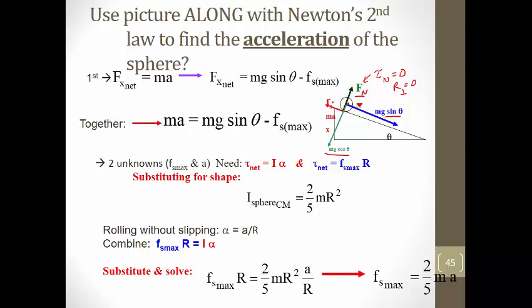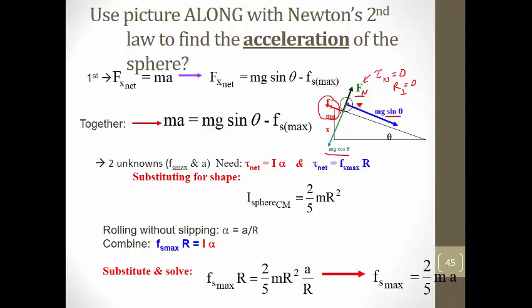But notice that the force of static friction maximum is acting at the surface. And so it actually does cause a torque. That's why the object rotates while it's rolling down. So here I have actually two unknowns: I would have a and the force of static friction maximum.